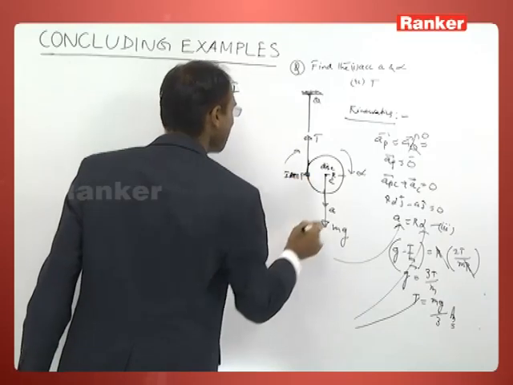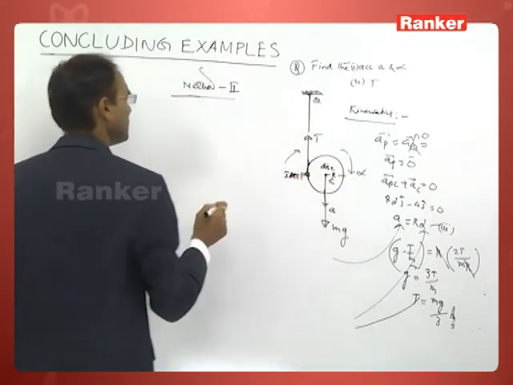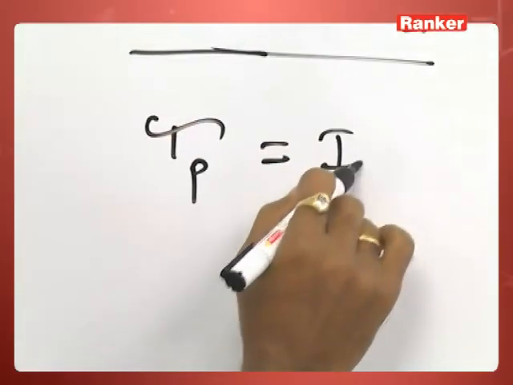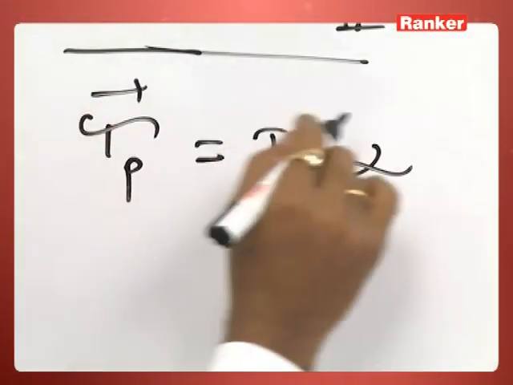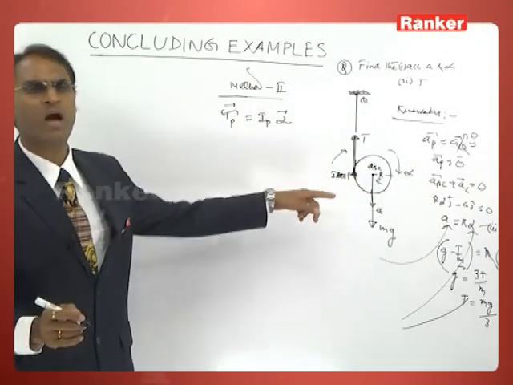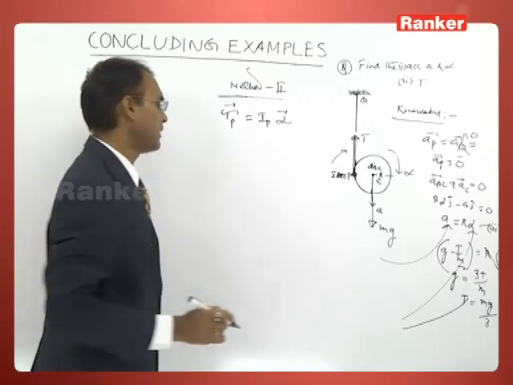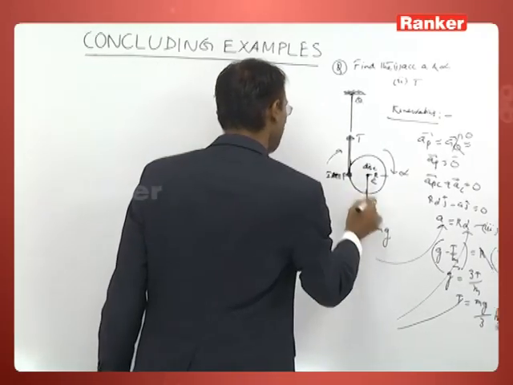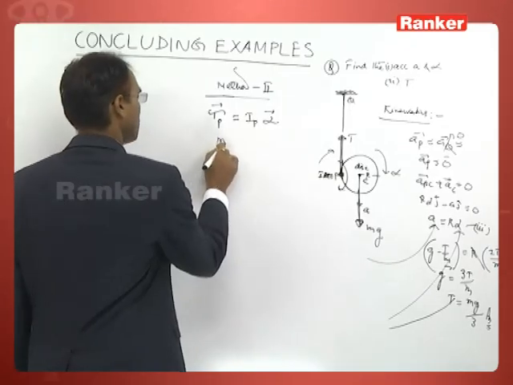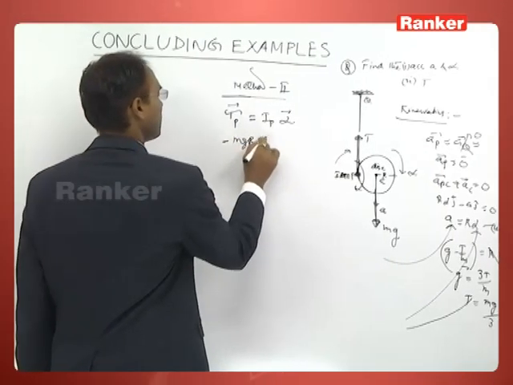In the second method, reference point is P. With respect to the reference point, let us write the torque equation, tau P is equal to IP into alpha. This tension passes through this point, therefore it cannot produce a torque about this point P. Gravity is producing a torque in clockwise manner, that is equal to mg into R minus k cap.